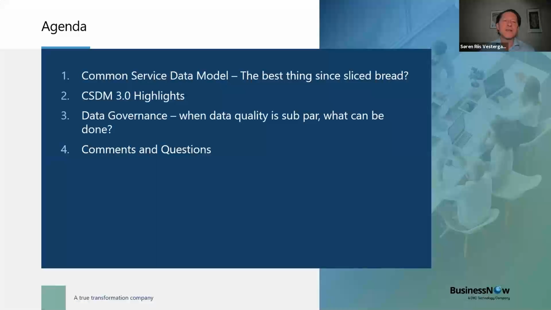I'm going to present the Common Service Data Model using around 5 minutes, hopefully not much more. You could use a whole webinar of hours presenting the Common Service Data Model, but this is about the news in the 3.0 release. So that's where we will use most of our time today.